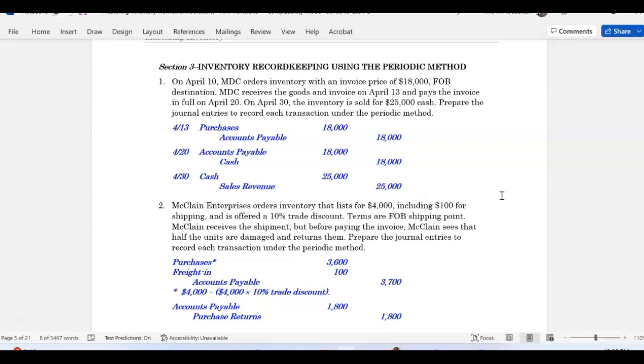So the January 1st balance is technically the December 31st balance showing in your inventory T account. And you don't touch it, you don't add anything to it, you don't deduct anything from it until the end of the period, when you need to figure out the updated inventory balance on December 31st again. So the inventory T account is left alone and will only get updated periodically at the end of the accounting cycle.